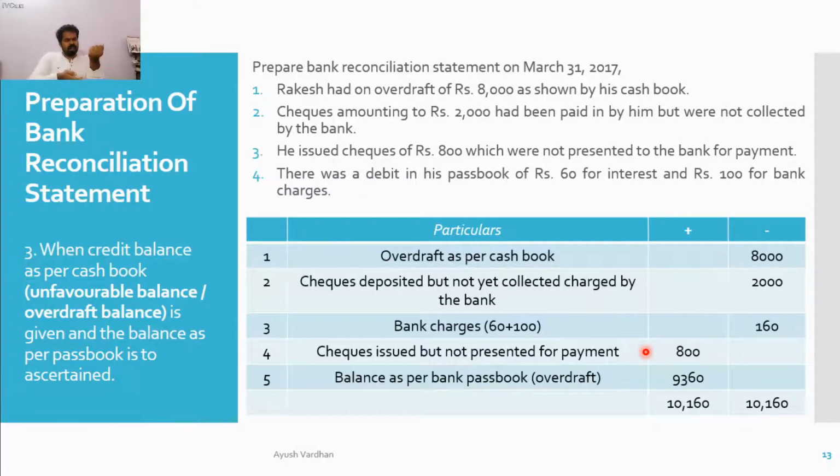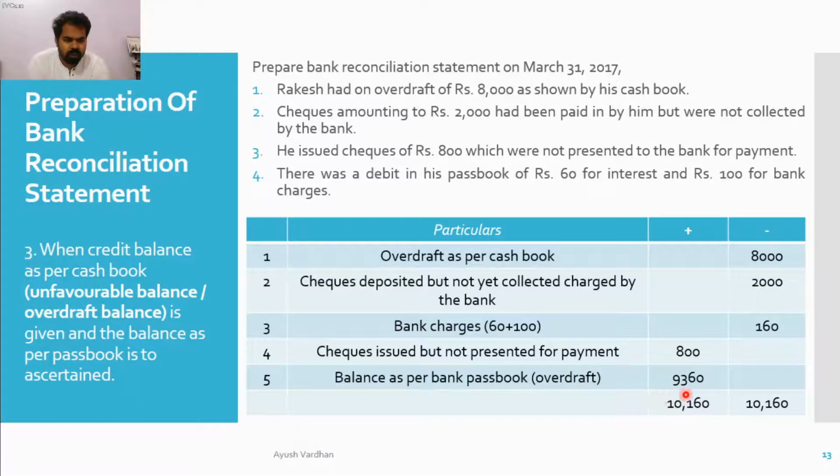In that case, our target book is positive, so we have put a positive entry of 800 rupees here. Now we have made the first entry of 8,000 rupees, so we will total from this side. The total is 8,000, 2,000 and 160, that is 10,160 rupees.